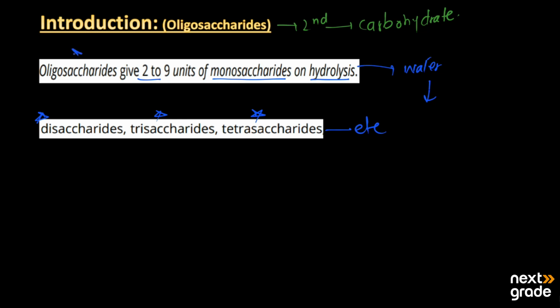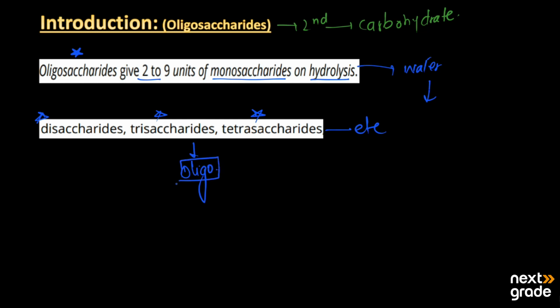That's why they are known as oligosaccharides: two or more units of monosaccharides combine to make the oligosaccharides. How many units they produce depends upon the number of units that combine to make the oligosaccharide.